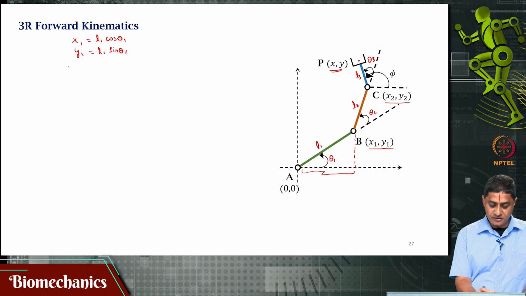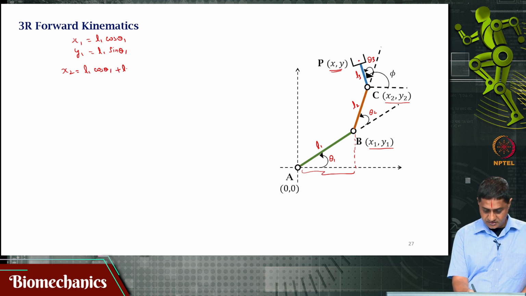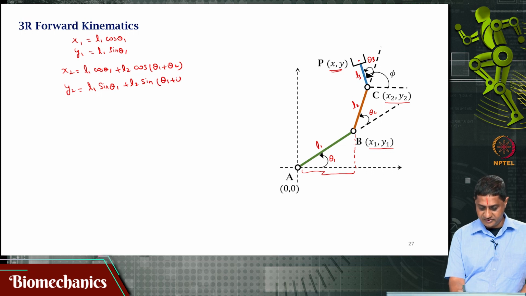So, if I wanted to write out x2, that is L1 cos theta 1 plus L2 cos of theta 1 plus theta 2, and y2 is L1 sin theta 1 plus L2 sin of theta 1 plus theta 2.